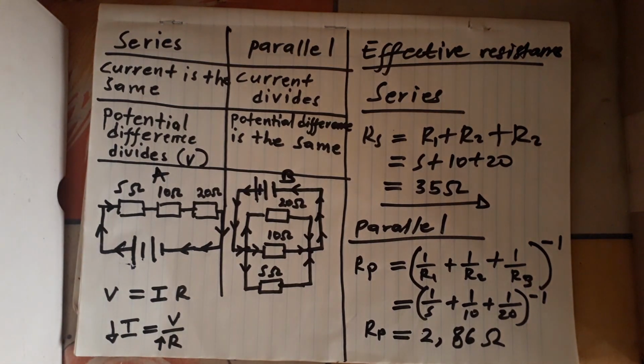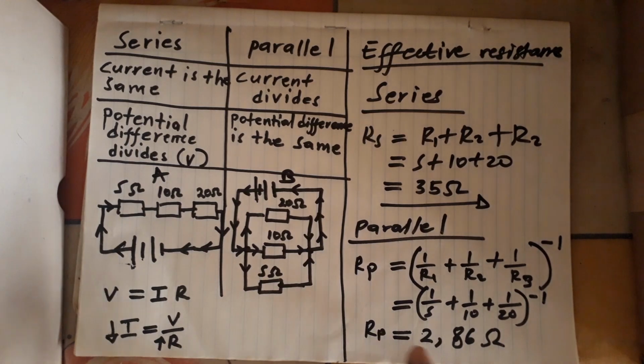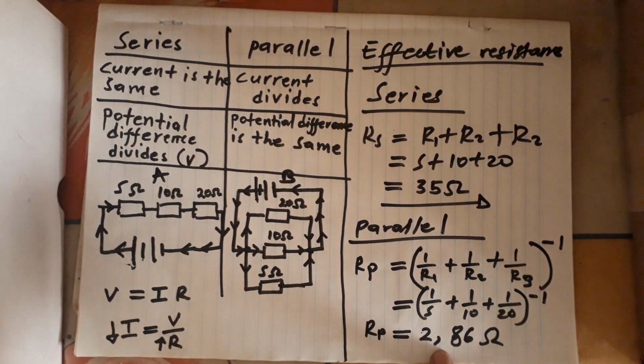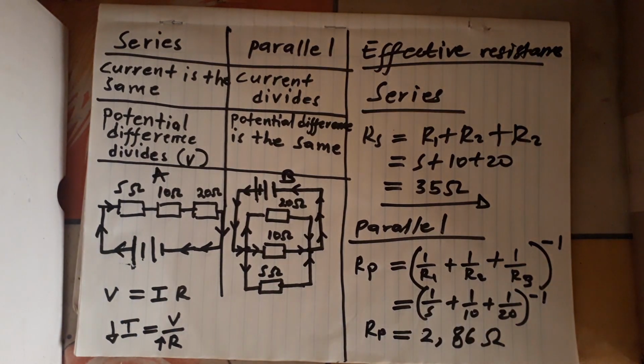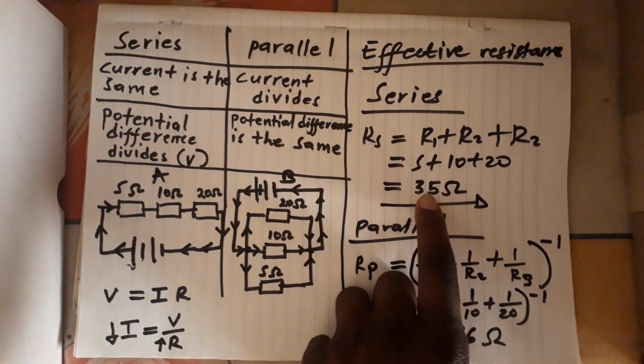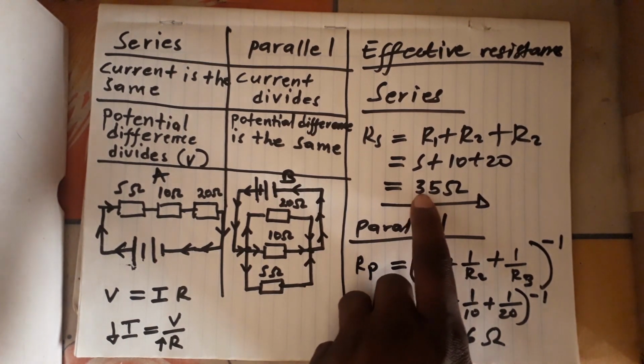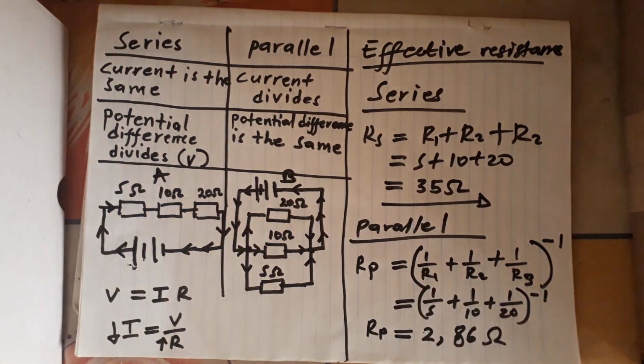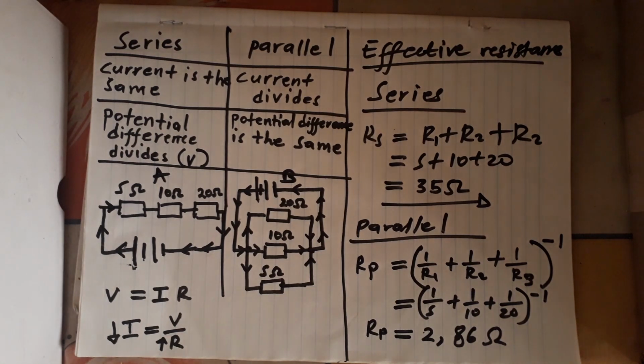Circuit B is going to have a high current. Why? Because it has a lower resistance. And we said that the higher the resistance, the lower the current, meaning that this one is going to have a smaller value of current because it has a higher resistance. This one is going to have a higher current because the resistance is low.